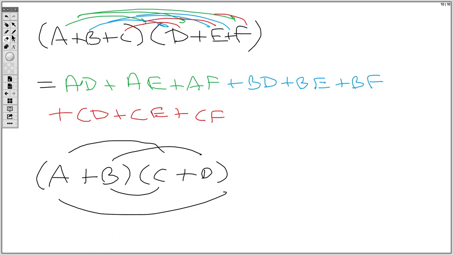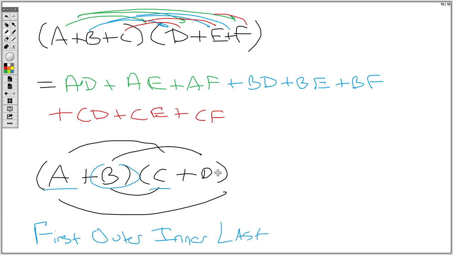Remember the FOIL? The first, the outer, the inner, and then the last. So it's the same thing. But all this is, folks, is the distributive property. That's all it is.